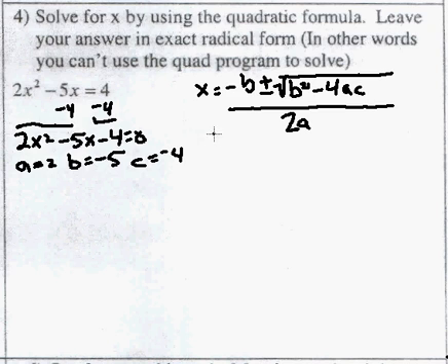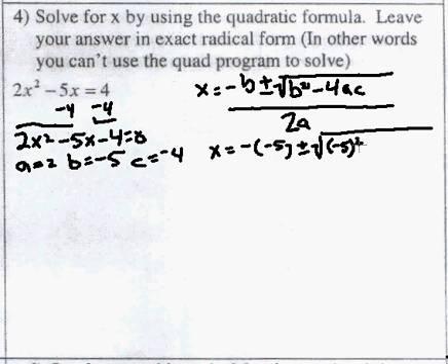So plugging those numbers into the formula, I have x is equal to negative 5 plus or minus the square root of negative 5 squared minus 4 times 2 times negative 4. Don't forget, subtracting a positive 4 is the same as adding a negative 1. And this is all over 2 times 2.